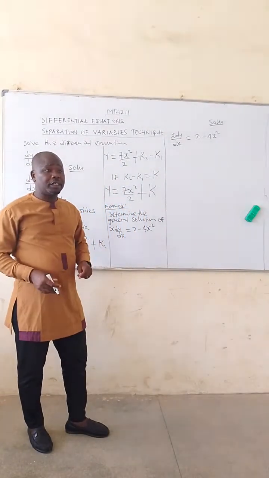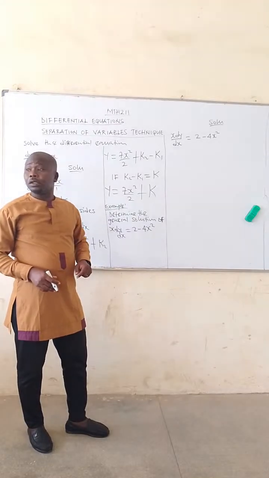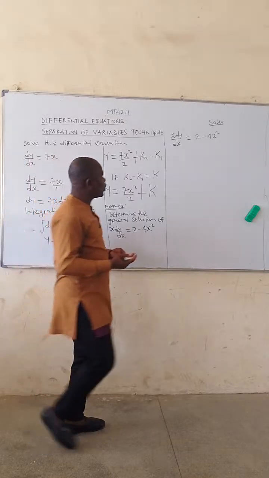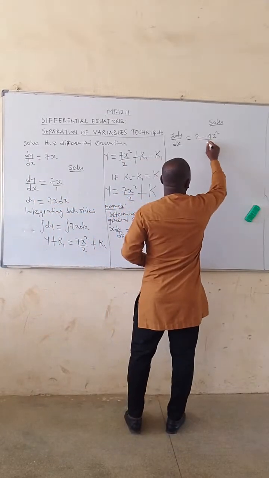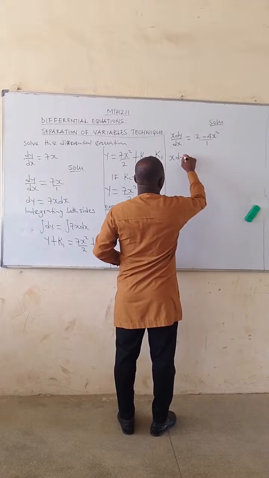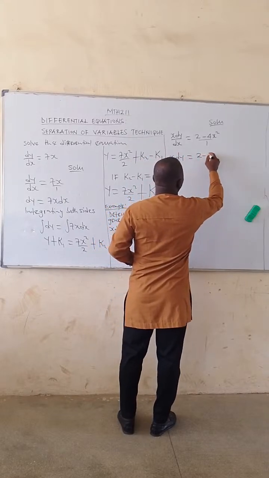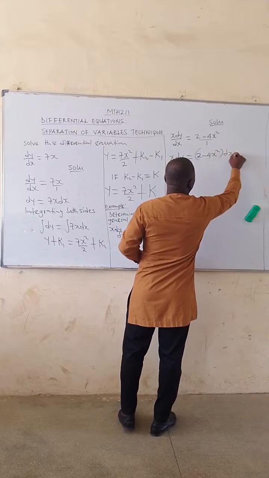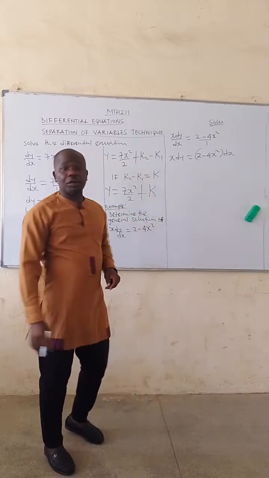We are solving together. Cross multiply. Note that there is an invisible one here. So here will be x dy equals 2 minus 4x squared times dx.